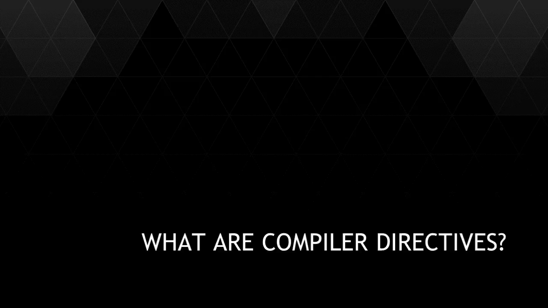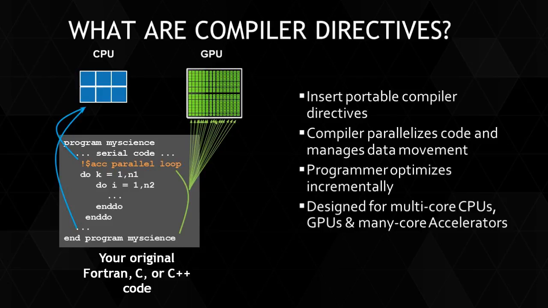So compiler directives are a way to accelerate your code where you add information to your existing code. If we look here on the left, I have this loop, actually this nest of loops, inside of my code, and I've added to that an ACC parallel loop. This is the first directive that informs the compiler, here is a region of code where there is parallelism, and I want you to build that for the GPU.